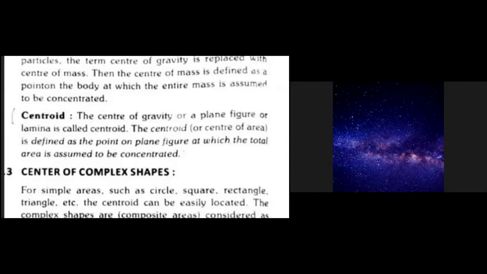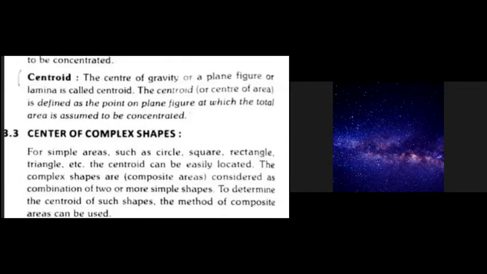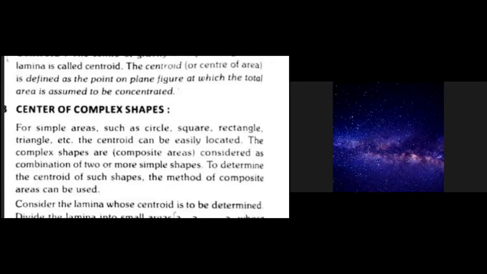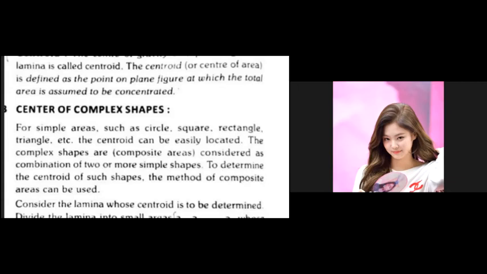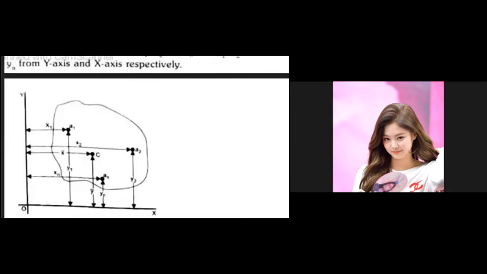Next, the mathematical formula. We don't have the derivation; you have to know the mathematical formula for calculating the centroid of plane sections. For that, just assume any one component.